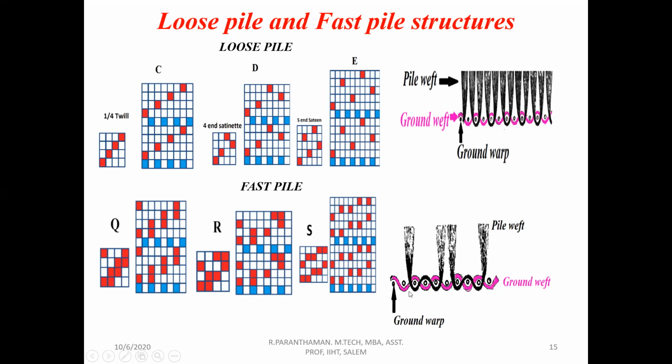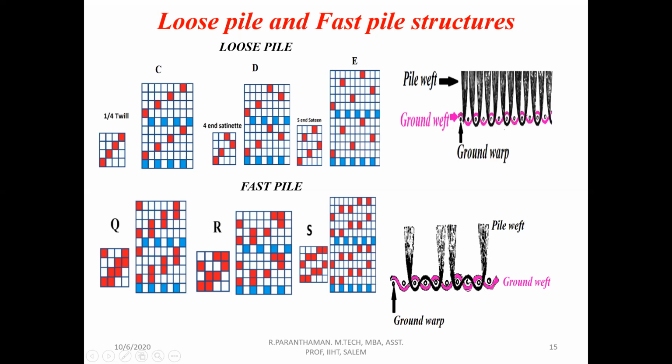Here, see the interlacement of ground weft with the ground warp. The circles indicate the ground warp and the red thread indicates the ground weft. So there is a plain weave forming the ground fabric. Further, the pile thread may form one more interlacement with the ground warp.